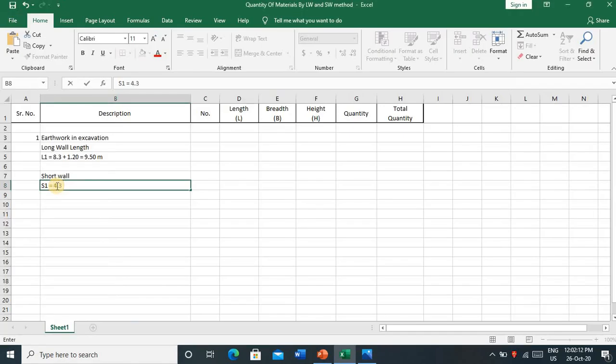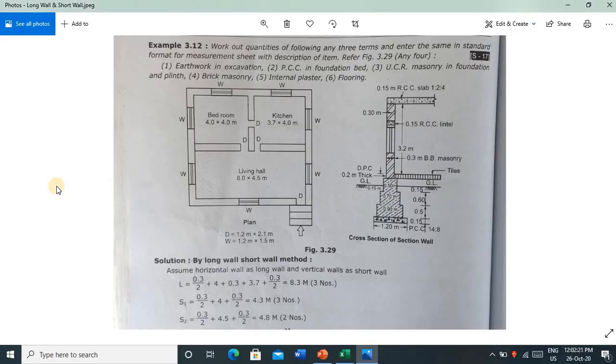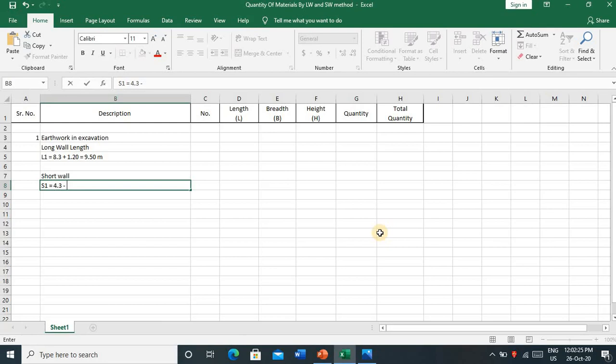4.3 minus, why minus? Because the formula is length of short wall minus width of item. Width of item will be, here see, same, 1.20, which is 3.10 meter.